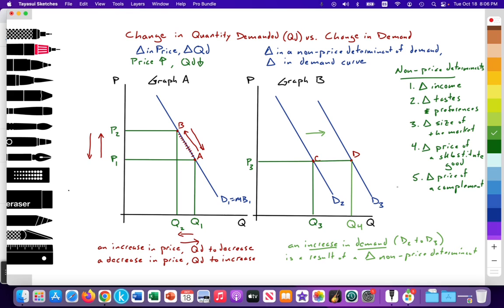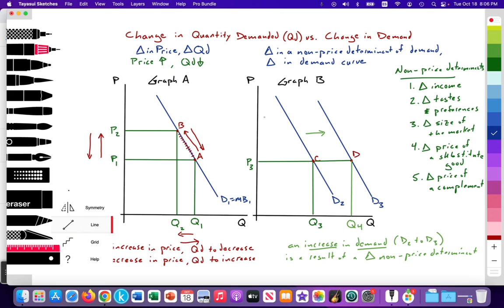Okay? Or perhaps the demand curve might be shifting inward. We can have it shift in from D2, if D2 is our starting point, maybe to D4. I'll just draw D4 here. Here we see that the demand curve has decreased from D2 to D4. So I can use that language of a decrease in demand.